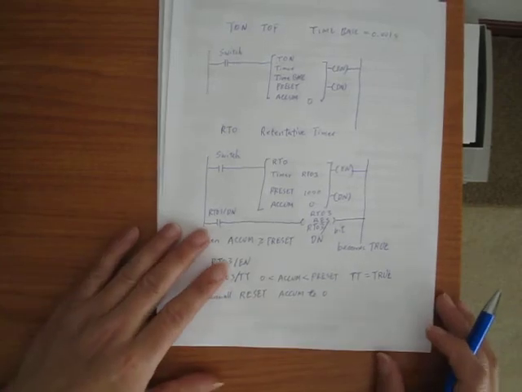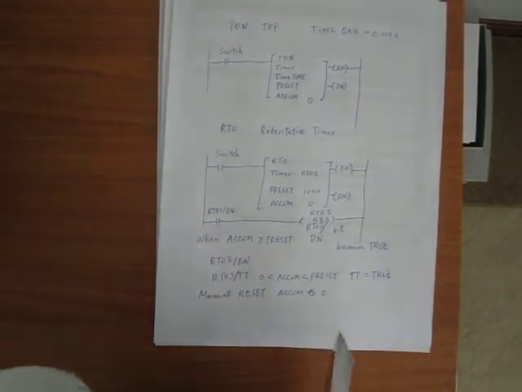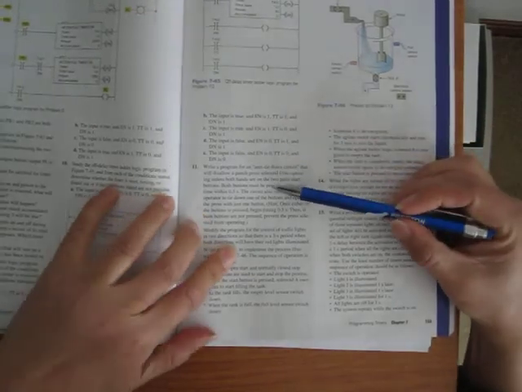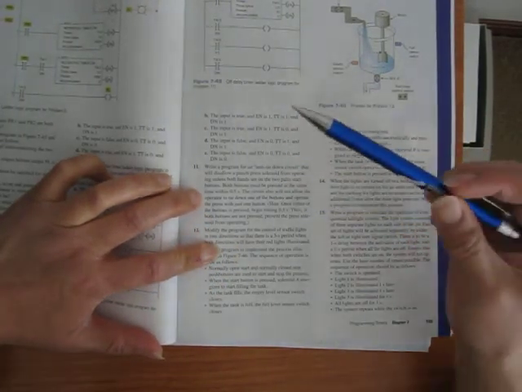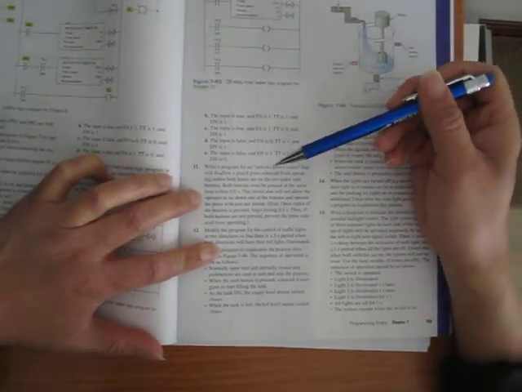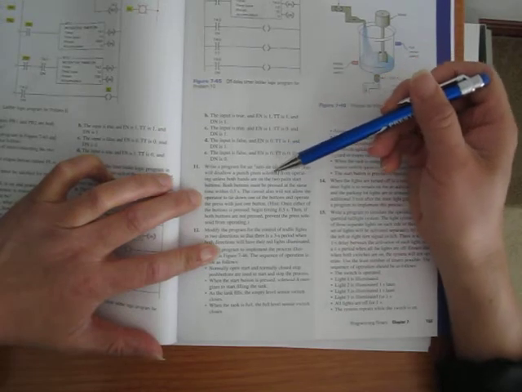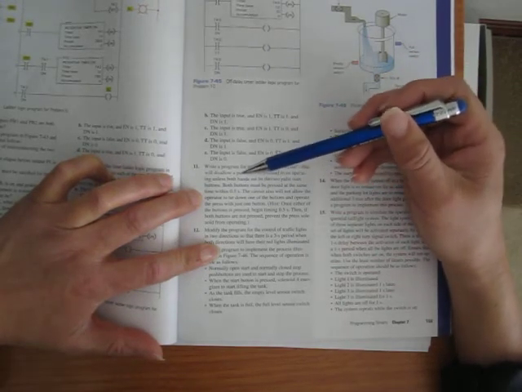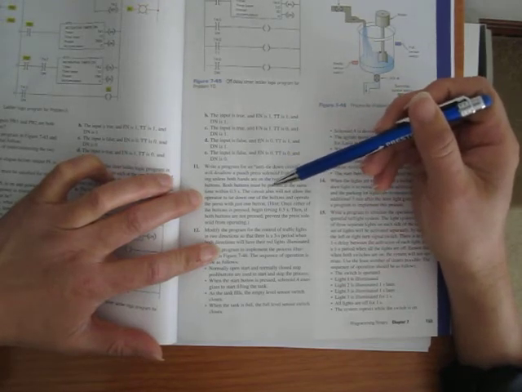Okay, and this week I'm going to give you an assignment. That's on page 155, number 11. It says: write a program for an anti-tie-down circuit that will disallow a punch press solenoid from operating unless both hands are on the two palm start buttons.